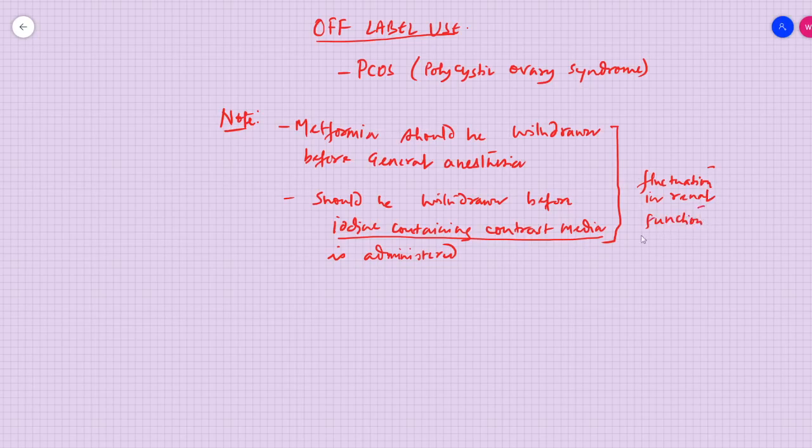Okay, so if there is fluctuation in renal function, then there is a slight risk of lactic acidosis. Okay, there is not a slight risk, there is a risk of lactic acidosis. But it can be temporary.